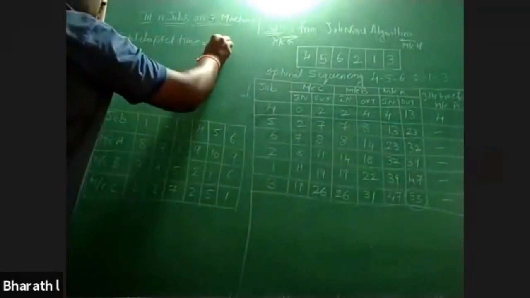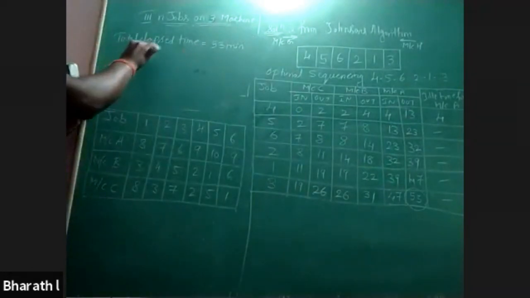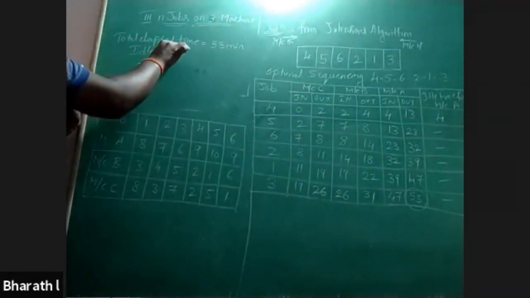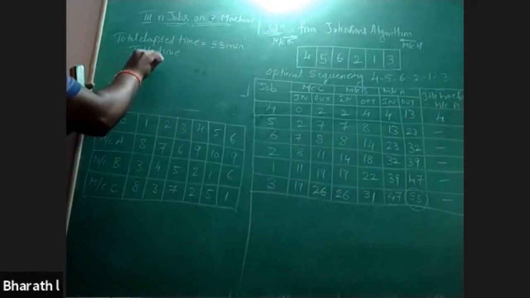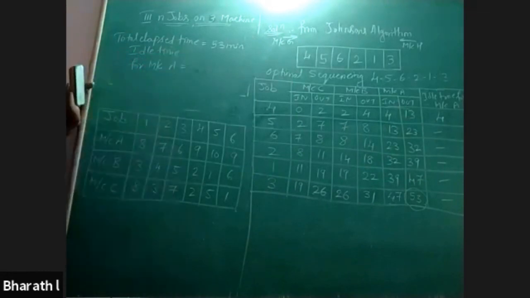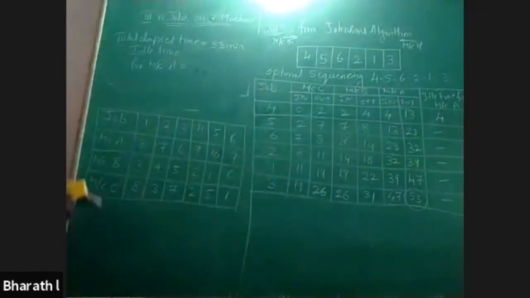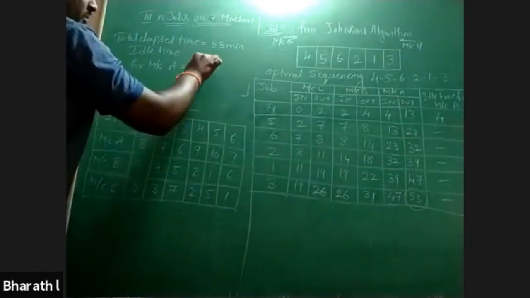Hence here you write 53 minutes. The next, to find the idle time for machine A, in the last column you have 4, and hence you will get 4 minutes.